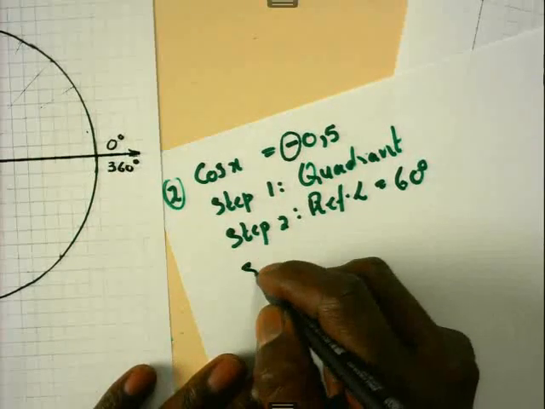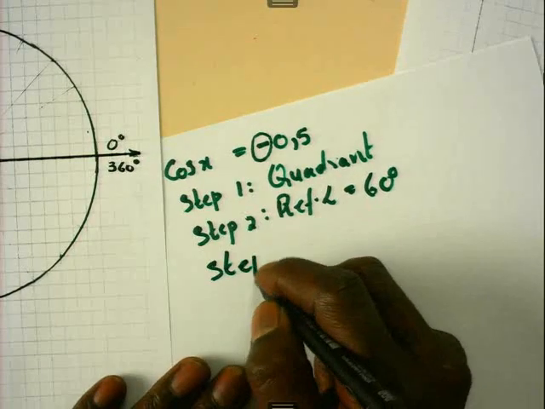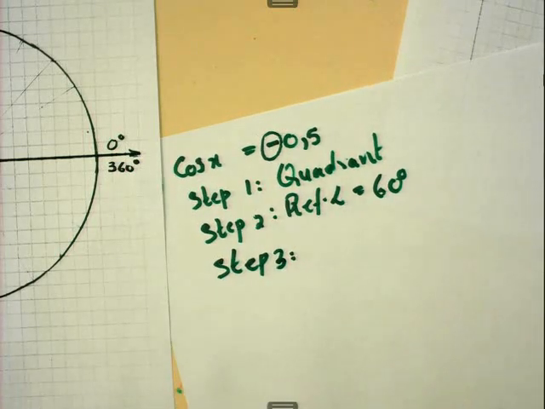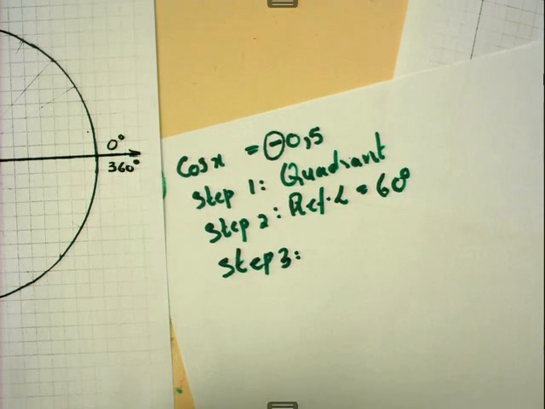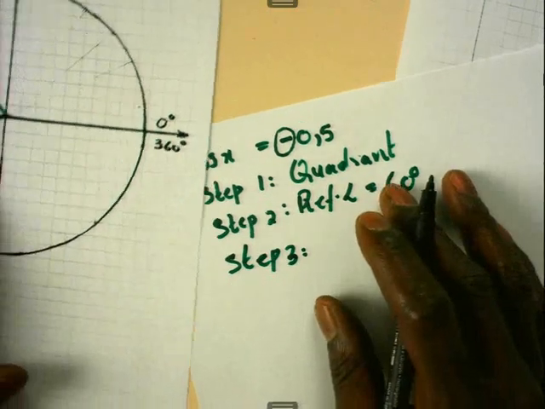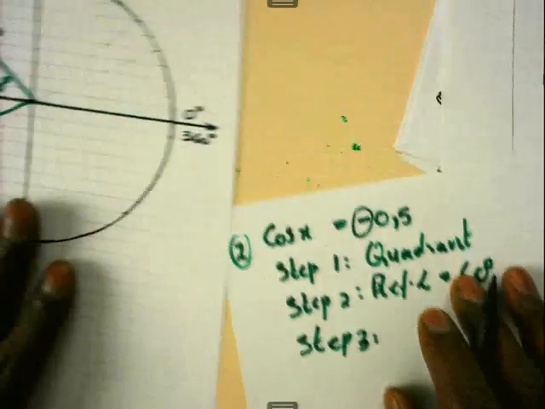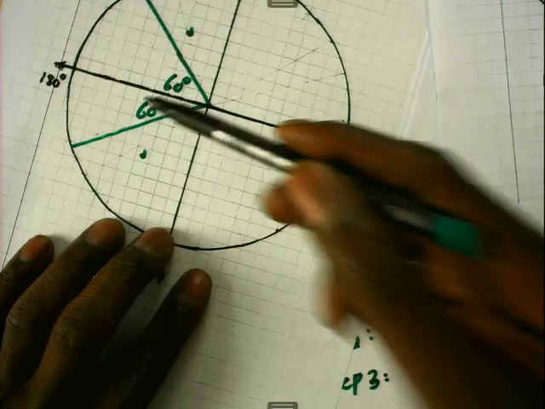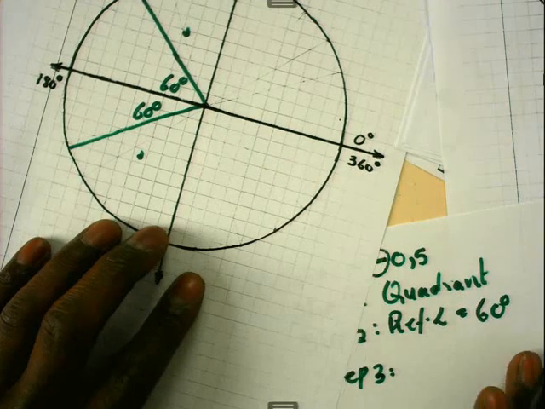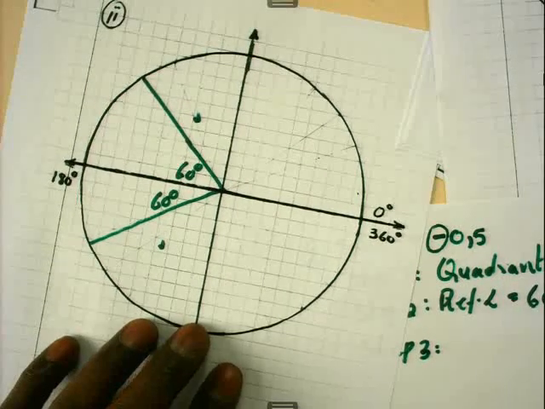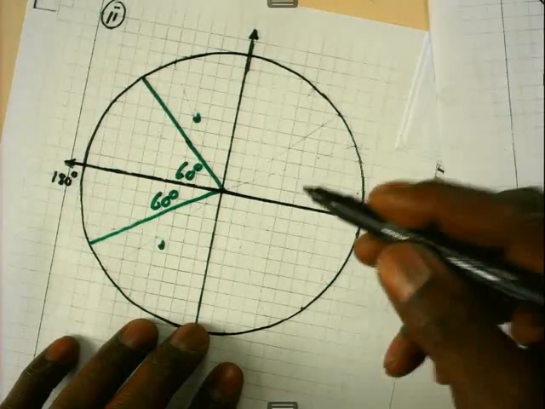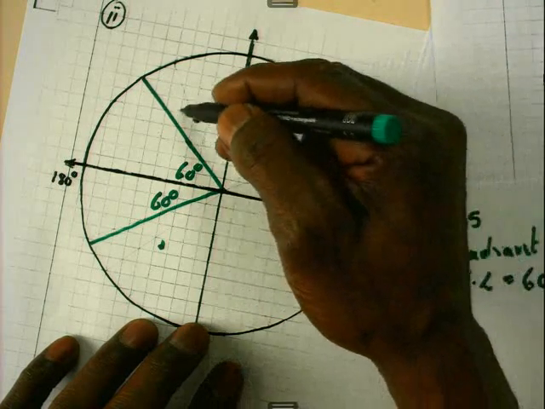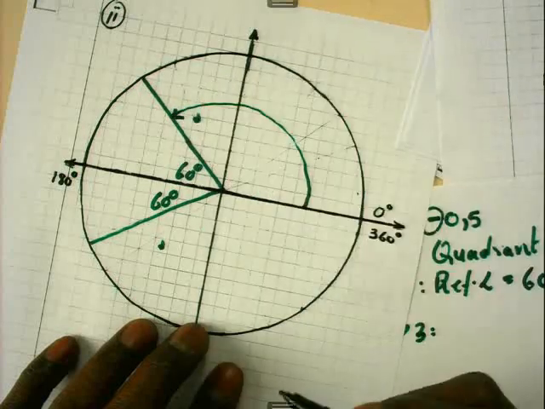Now that we've got our reference angle, what will be the next step? The next step is now to find the solution. Observe, the reference angle, in this case, is not the solution for this problem because when we want the solution, we start from the positive x-axis up until we get to this terminal ray here.